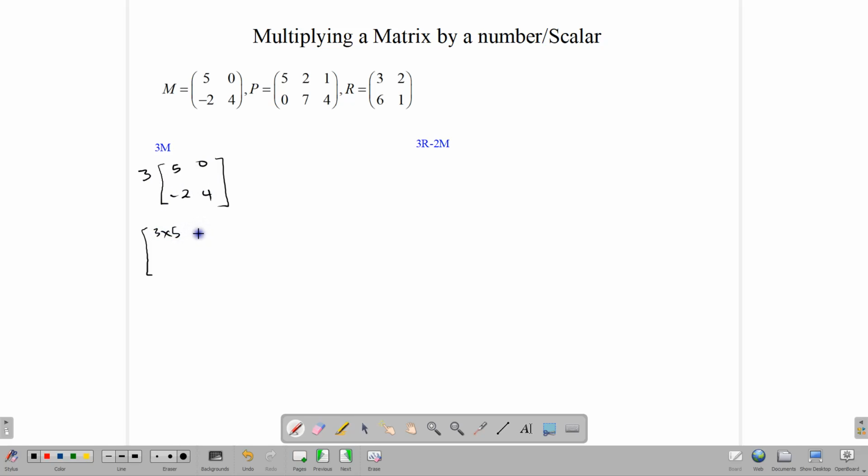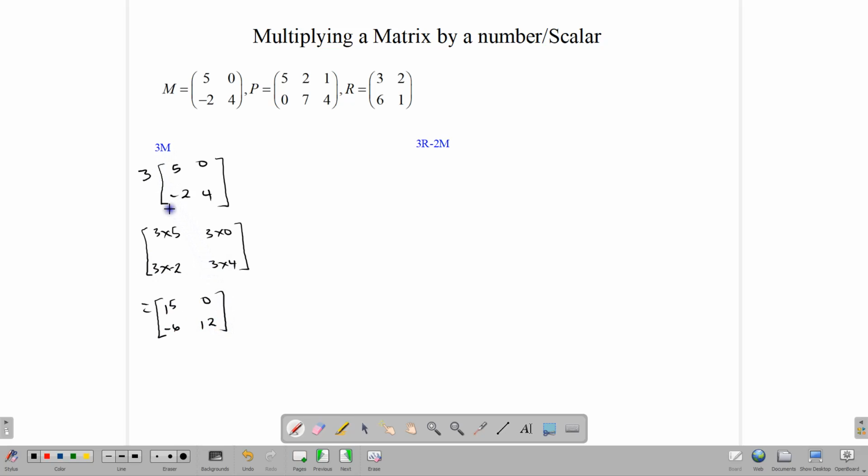You don't have to write that out. But 3 times 0, and 3 times negative 2, and 3 times 4. So that gives you, when you multiply it out, 3 5s are 15, 3 0s are 0, 3 times negative 2 is negative 6, and 3 times 4 gives us 12. So this is the result of multiplying 3 by m.